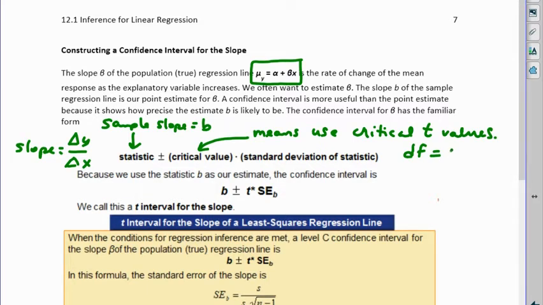The degrees of freedom in this case, because slope was rise over run, that's why there's two inputs going into this, is going to be n minus 2, because there's at least two unknown things that went into this calculation.